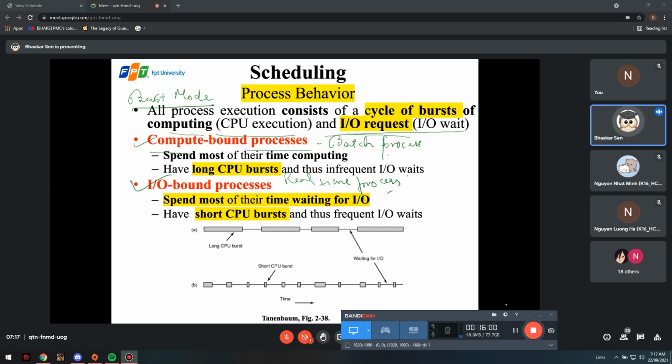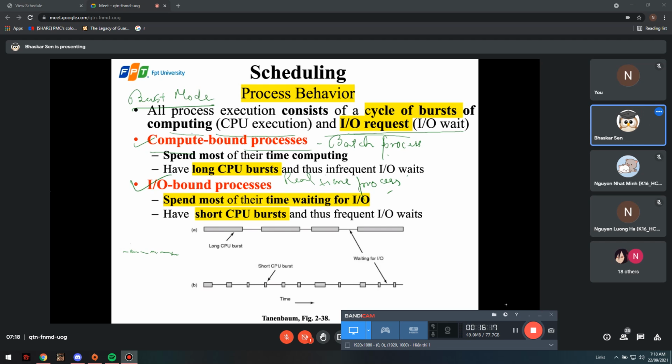So where is our PC? Personal computer, interactive computer. Interactive computer, as you may guess, is almost equal: short, then short, then short, short, short.